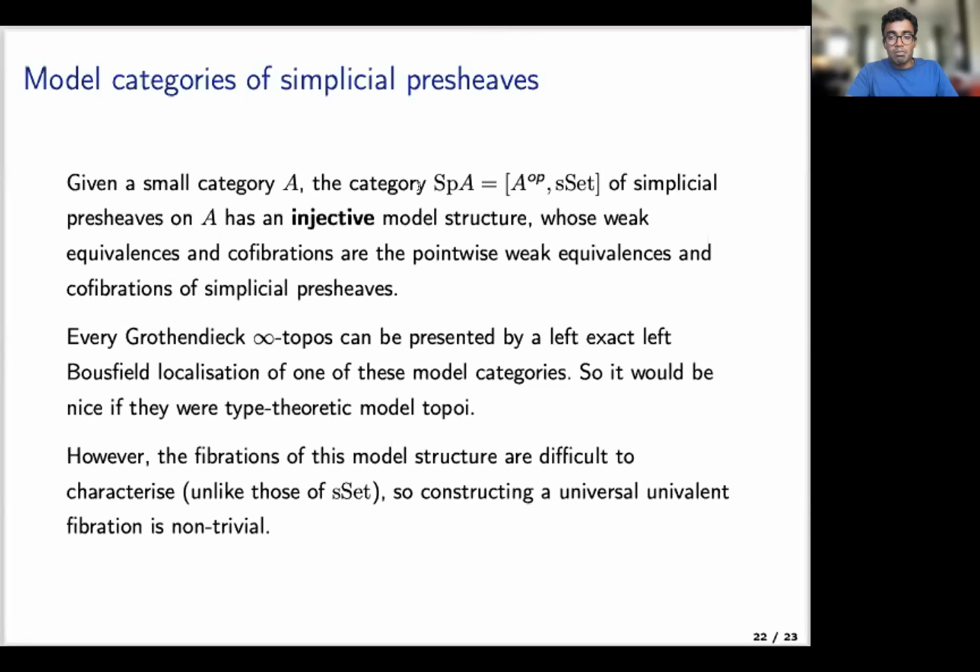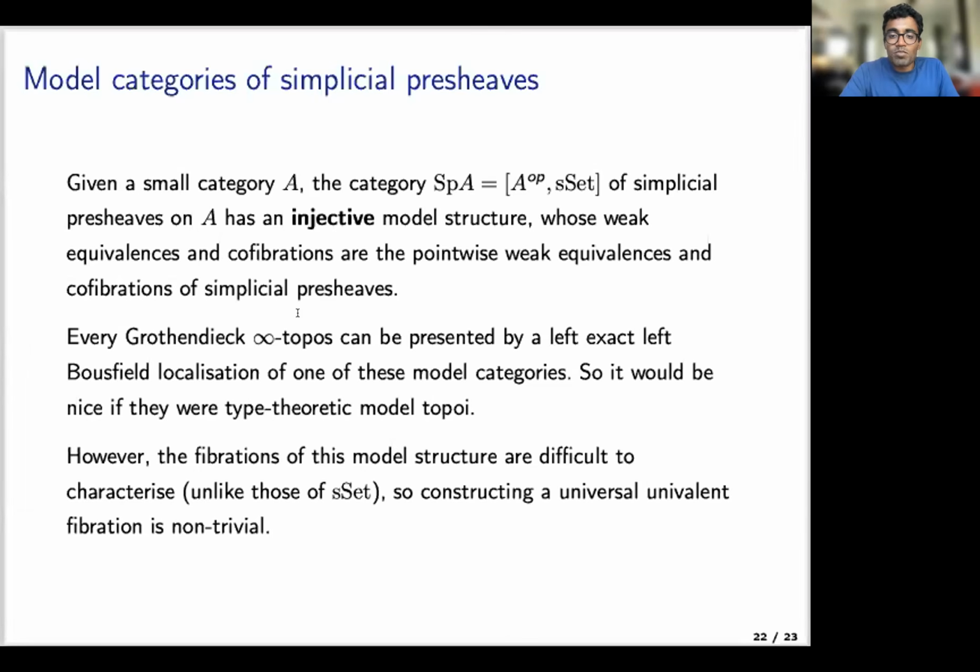But any such category of presheaves has a so-called injective model structure, whose weak equivalences and cofibrations are the pointwise weak equivalences and cofibrations of simplicial presheaves, and the fibrations are defined as those that have the right lifting property against the trivial cofibrations.